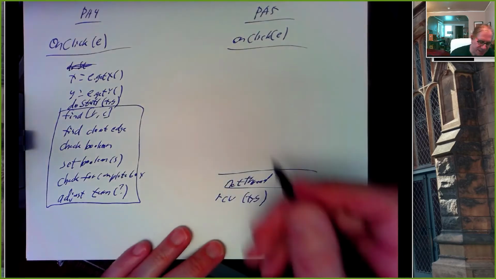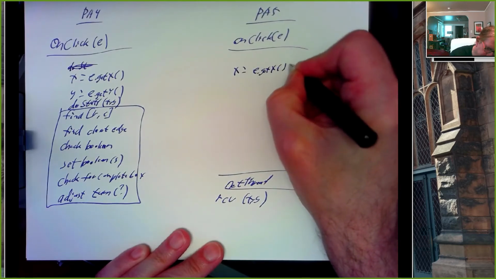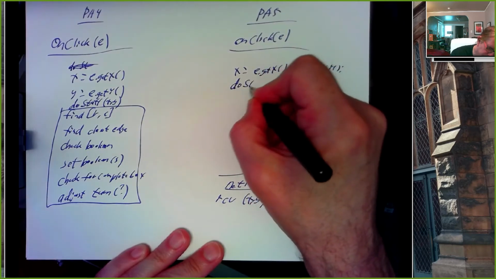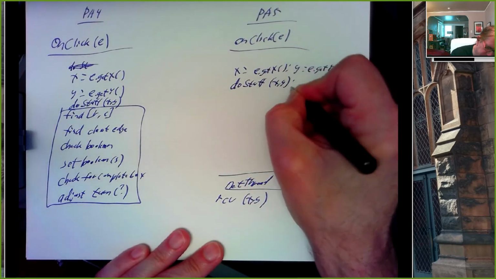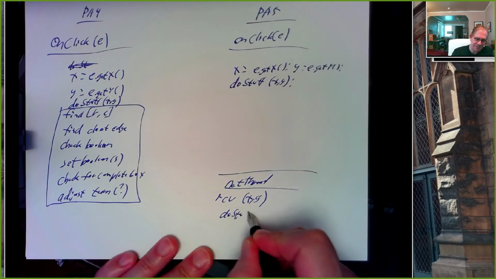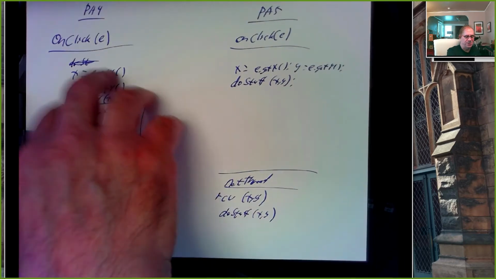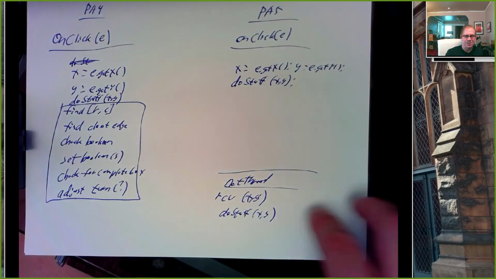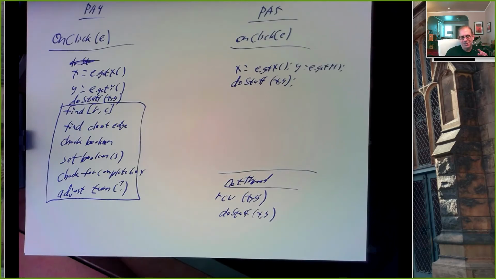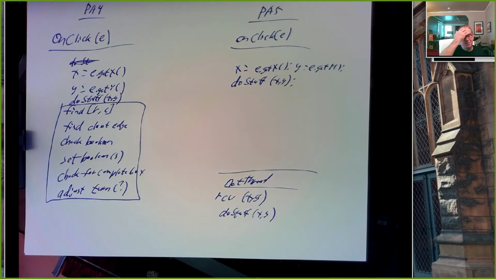And the advantage is in PA5, we can say x equals e.getX, y equals e.getY, and then we can say doStuff x comma y. And then in the net thread, we receive the xy coordinates, and we again just say doStuff, x comma y. So don't write this code twice. Don't write this in your mouse listener and write it again in your net thread, because you don't want to write big chunks of code more than once. Little chunks of code is okay, but big chunks where you have lots of stuff going on and you're developing it, put it in a method.